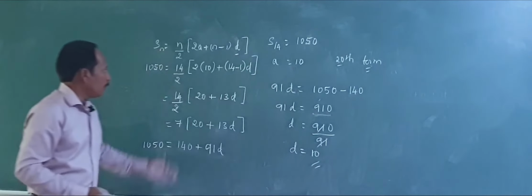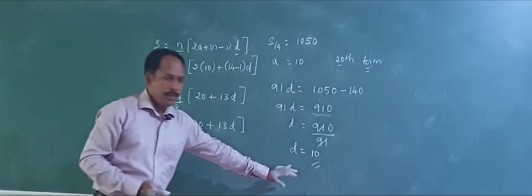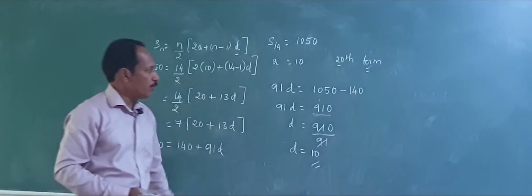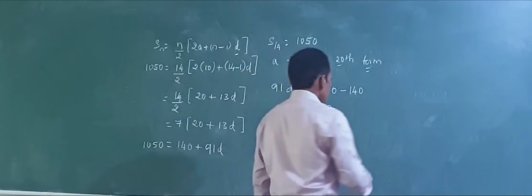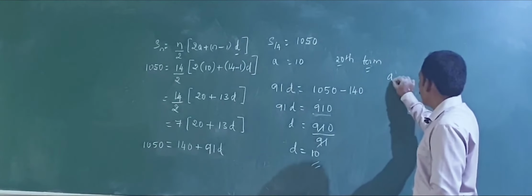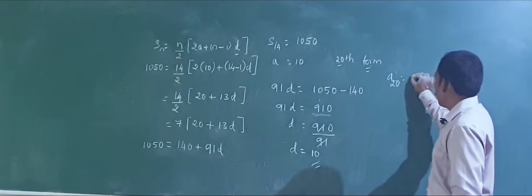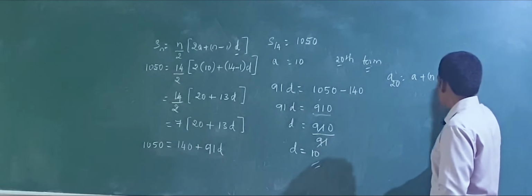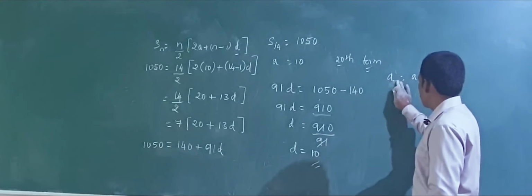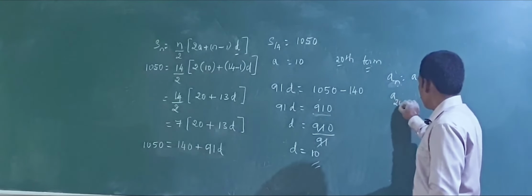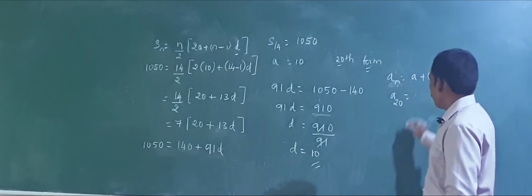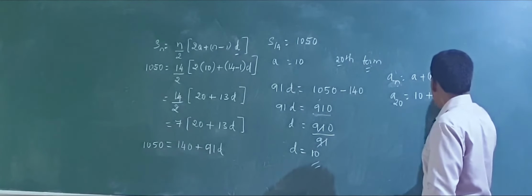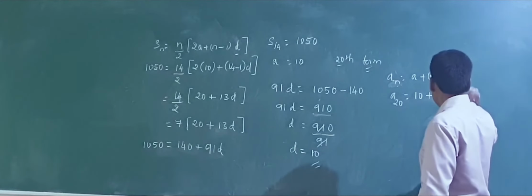So what we did, using this relation, we found d, and we also know the first term. What they are asking is the 20th term. How do you find the 20th term? The formula is a plus (n minus 1) into d, normally this is a_n. So a_20 will be the first term 10 plus (20 minus 1) into d, which we just calculated as 10.